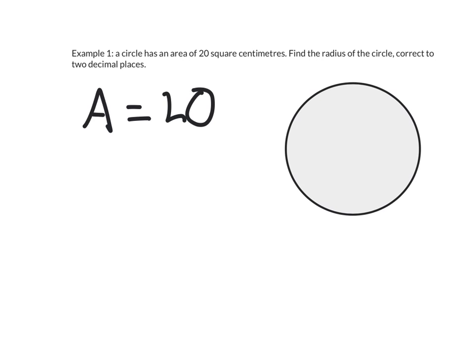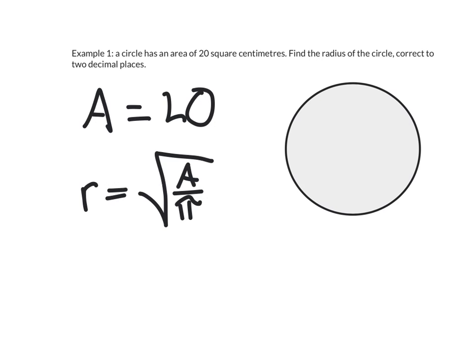Now, if we're told the area and we want to find the radius, we can use that relationship and rearrange the equation A equals pi r squared to have that r will be the square root of A over pi. Just make sure we see that that's A divided by pi and then taking the square root of the whole thing, not the square root of the area and then dividing by pi.